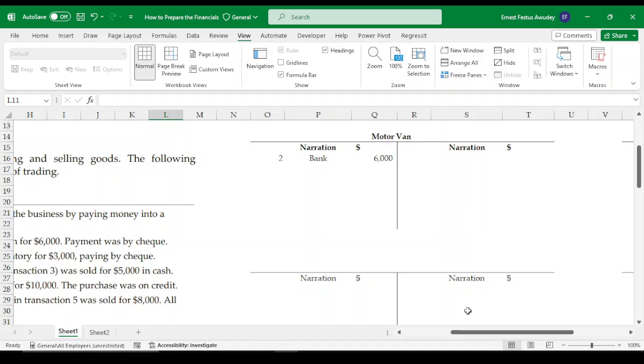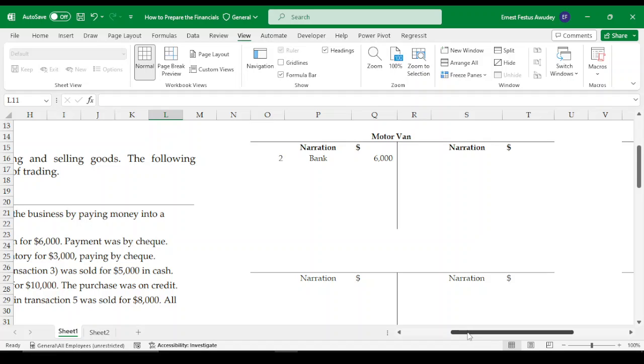That is another way of presenting your bank, or in fact, that is actually the best way of presenting your cash and then your bank transactions. So you will have a bank column and a cash column, and we call this the two-column cash book. If you are interested in knowing more about the two-column cash book, make sure to leave your comments in the comment section, so I can make a video on the two-column cash book on its own.